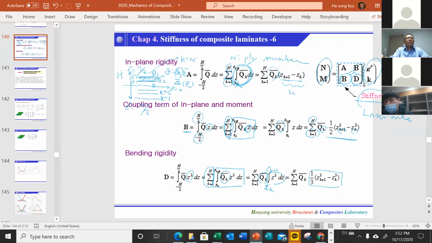The stiffness matrix will be calculated from each ply's stiffness, which we just learned, and the coordinates. All we need is the stiffness of each ply, right?